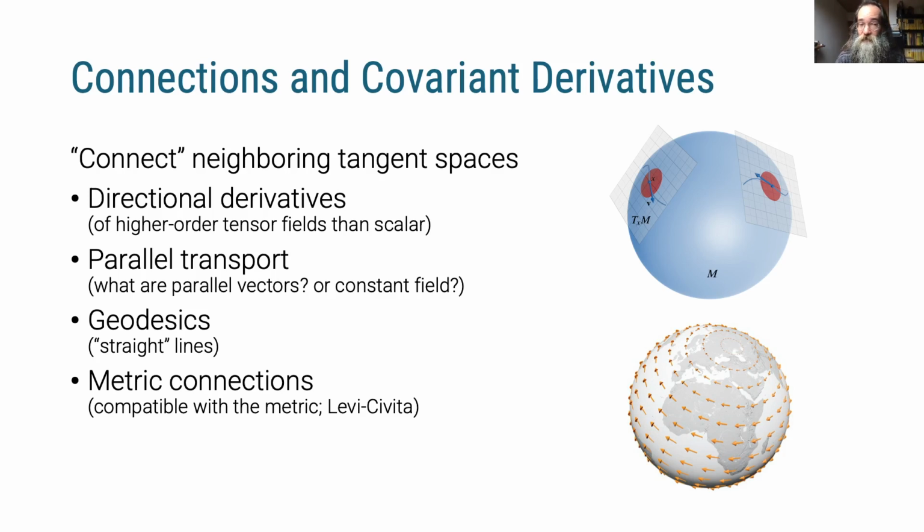Also related is the notion of a geodesic, or straight lines in the plane. It's clear what a straight line is, but what is a straight line on a curved manifold, for example, the sphere? And interestingly, there is a solution to all of these problems, and this is called a connection, a very special connection which exists on Riemannian manifolds, which is the Levi-Civita connection.